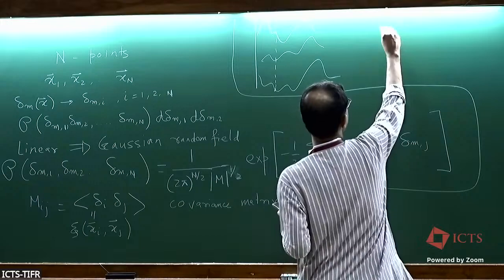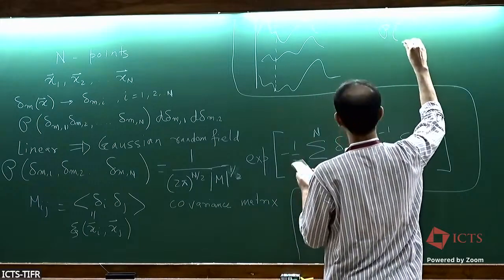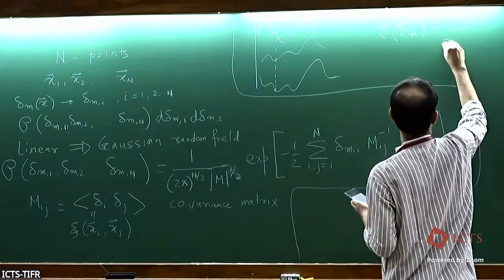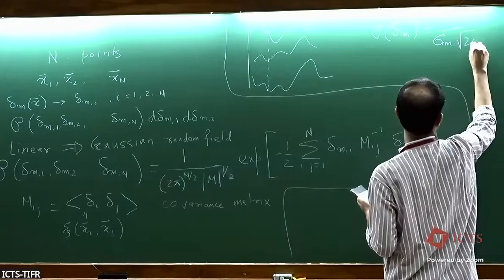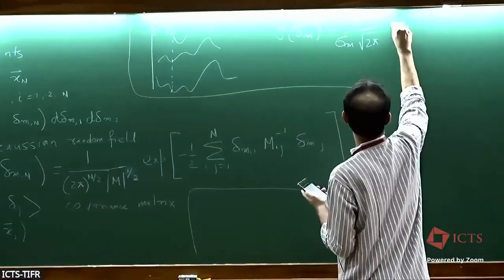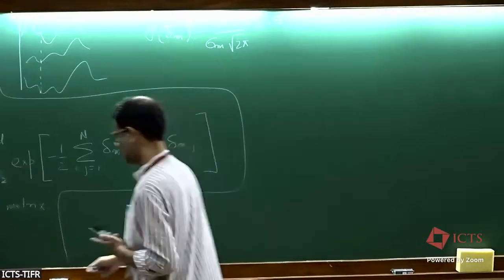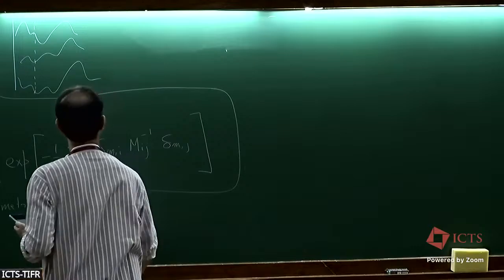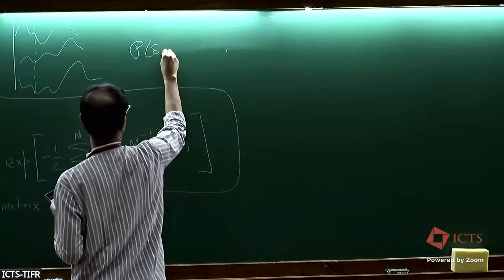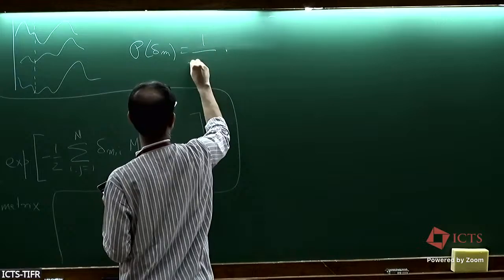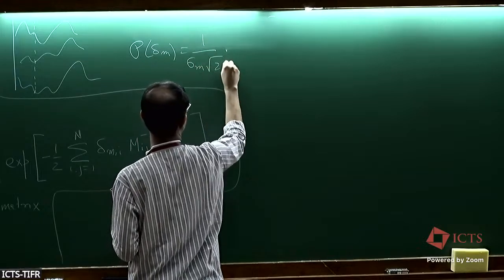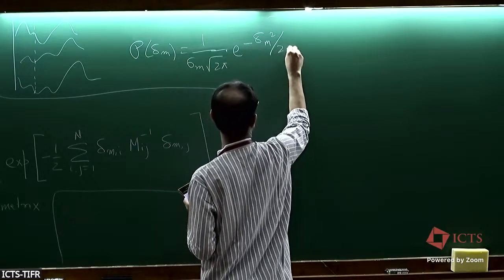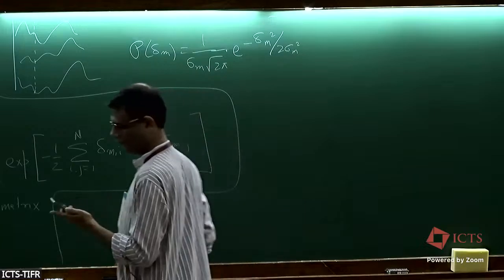So for one point, P of delta m, just calculated at one point, will be one over sigma root 2 pi, e to the minus delta m square over 2 sigma m square.